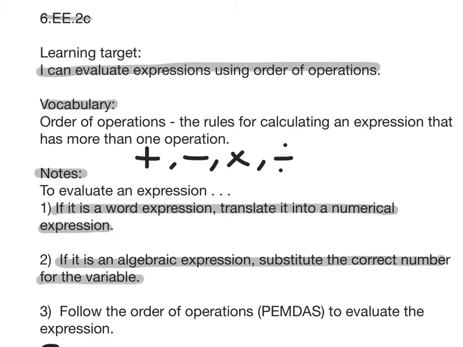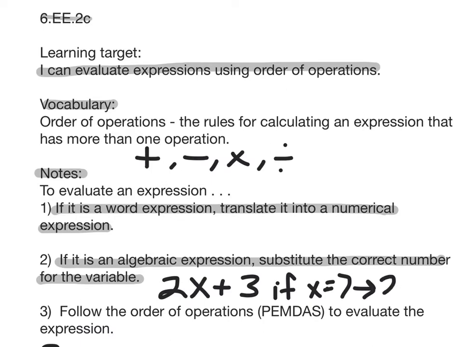So if it says evaluate 2x plus 3, you need to figure out what x is and replace it. If x equals 7, you would have 2 times 7 plus 3, and you would evaluate that. Just replace the variable with a number.